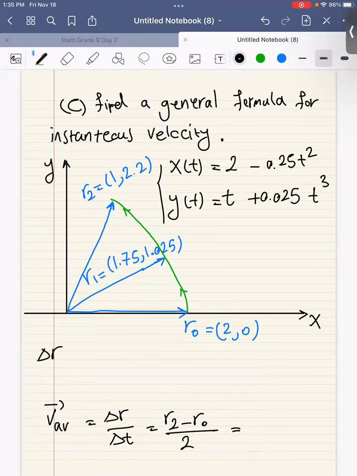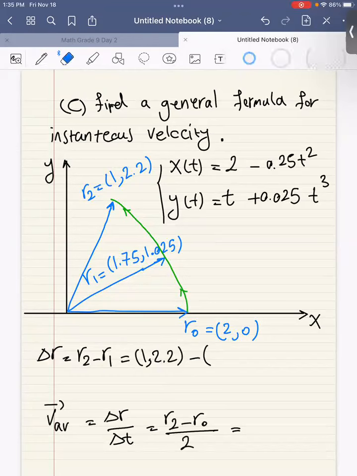So displacement delta R is R2 minus R0, which is equal to 1 and 2.2 minus 2 and 0, right?